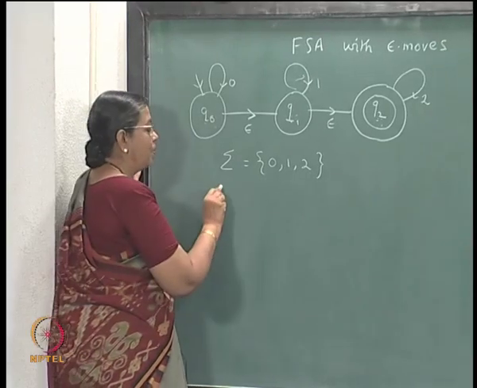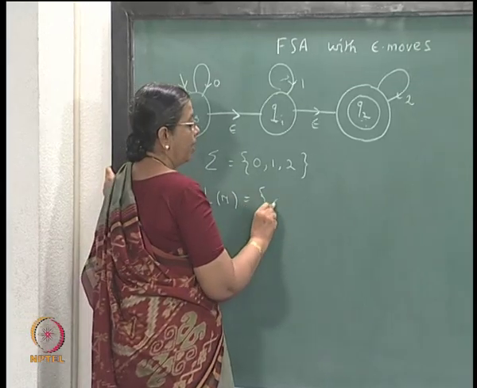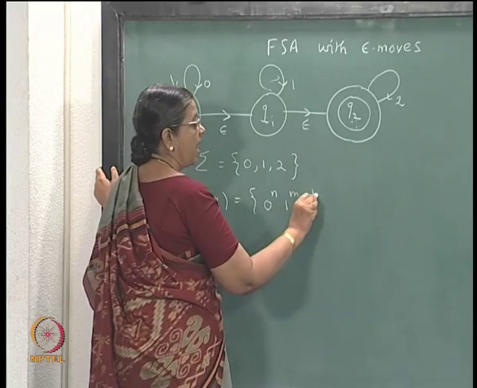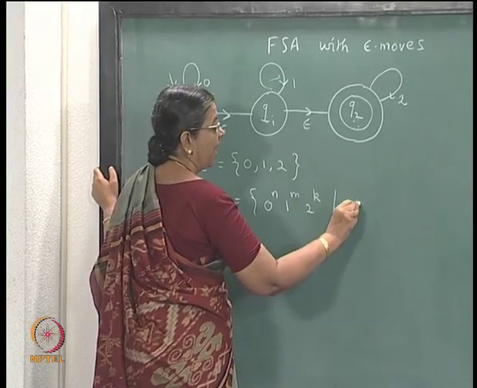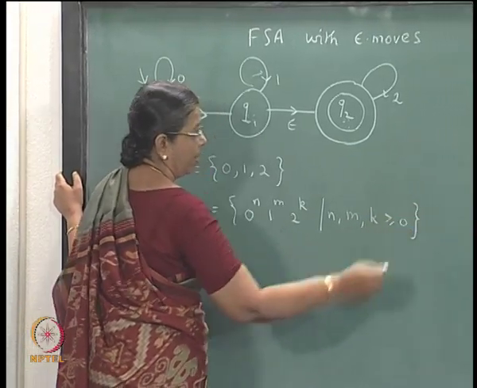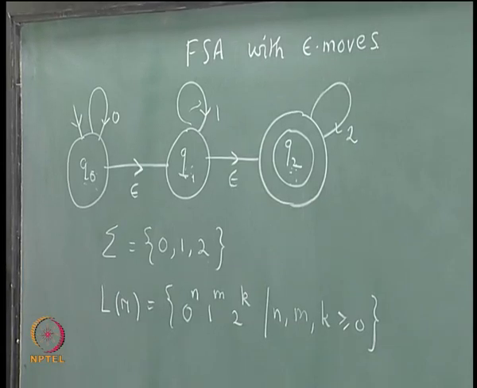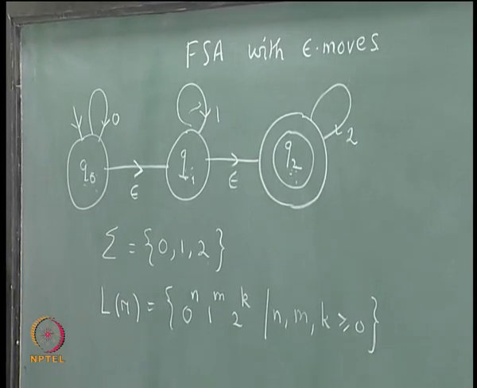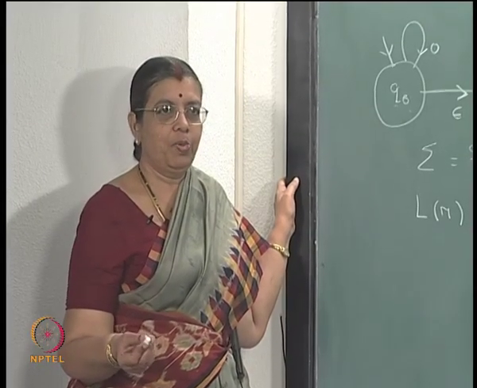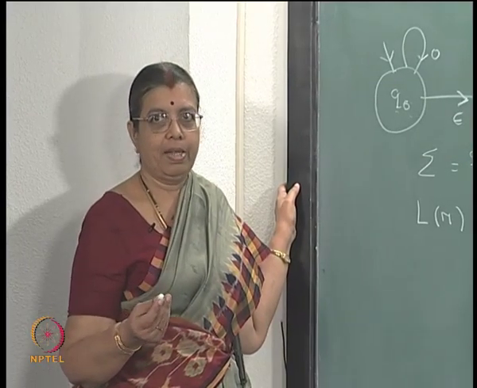Okay, so the language accepted is L equals 0 power n, 1 power m, 2 power k, where n, m, k are greater than or equal to 0. This is a finite state automaton with epsilon moves, and because we allow epsilon moves, you are able to change the state without reading any symbol.